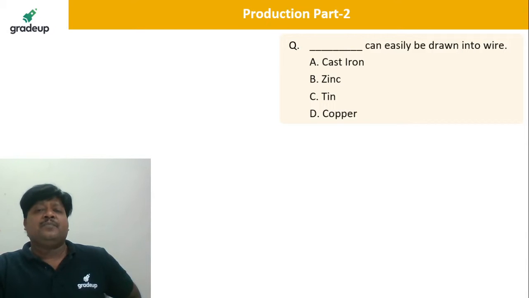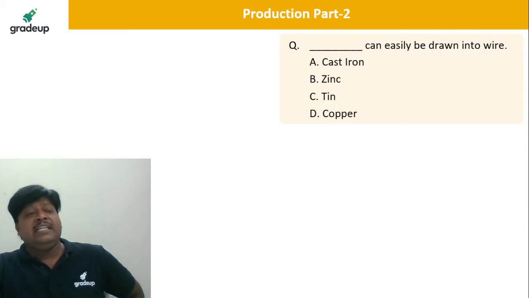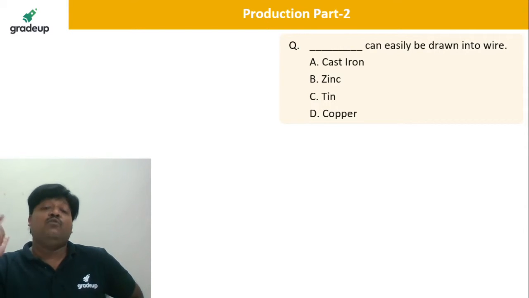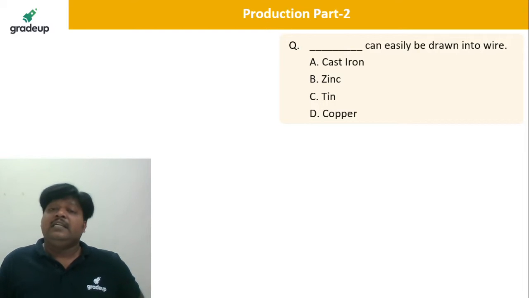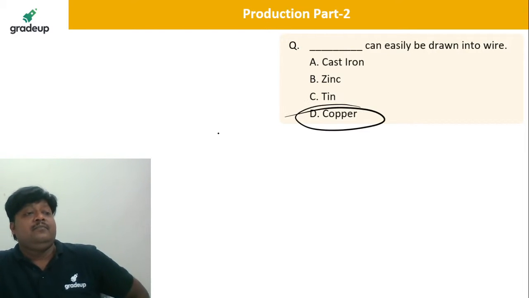Say it is an FCC structure, definitely having a very good structure with ductility, so it can very easily be drawn into wire. See here: cast iron, zinc, tin, copper. Out of these, the one with more ductility than the remaining three is of course copper, because copper is more ductile than any other. Yes, we can easily draw it into wire.